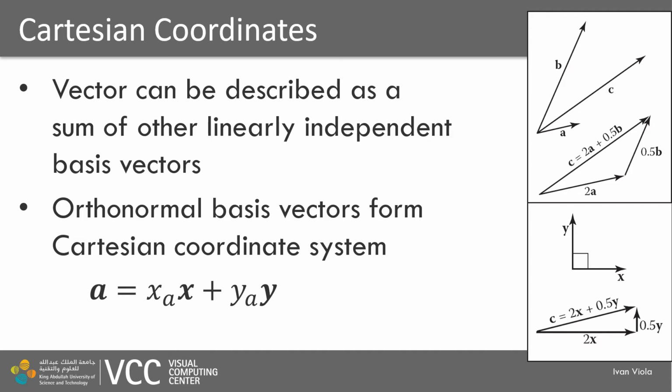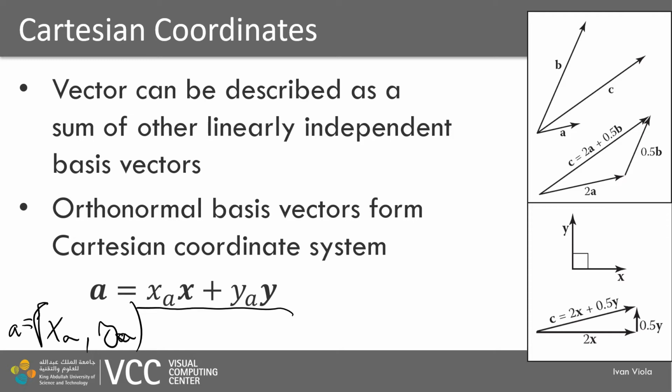And when we are talking about, for example, vector A having coordinates xa and ya, we really mean by that this description. It's a multiplier xa of the vector x, which is the basis vector, summed with another vector which has a multiplier ya.